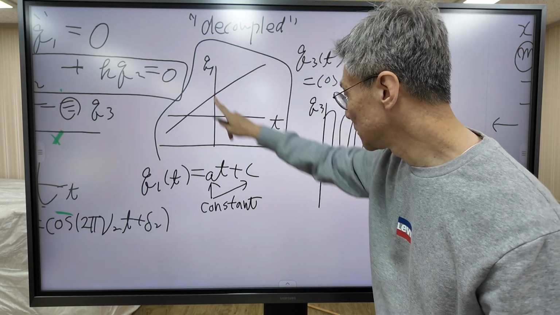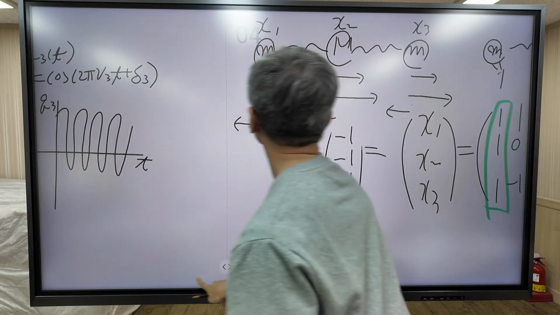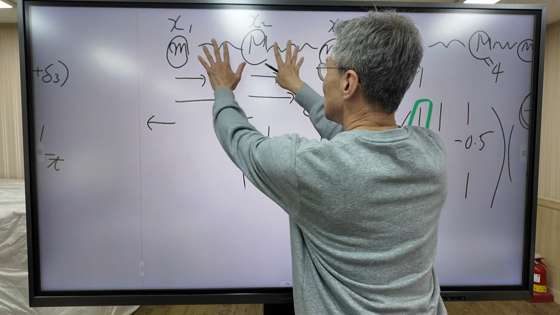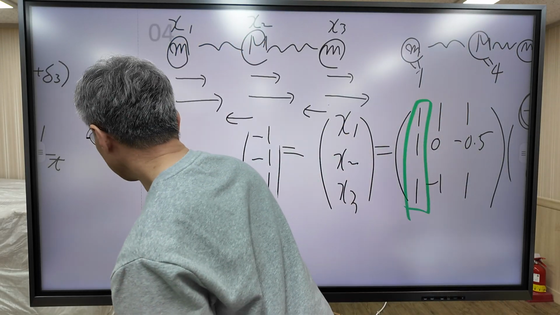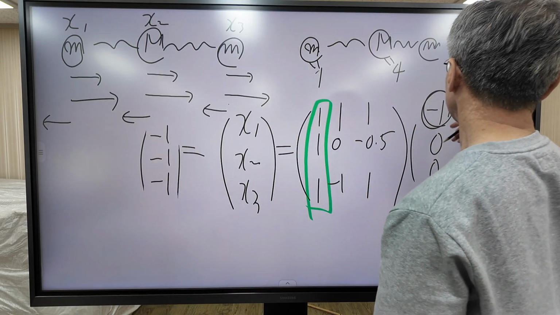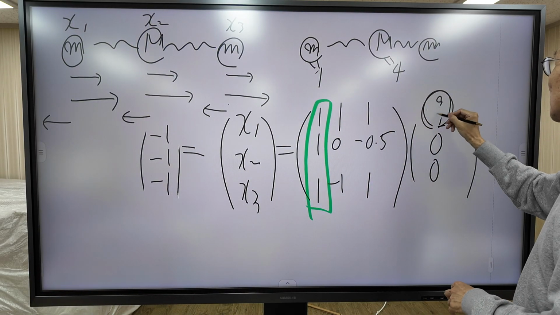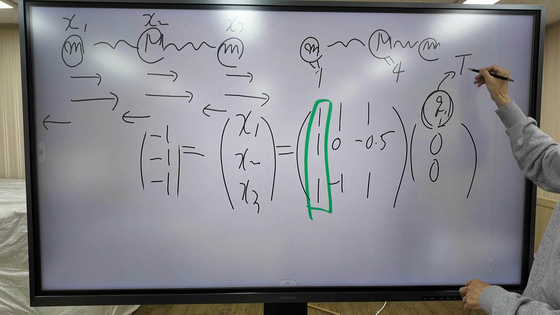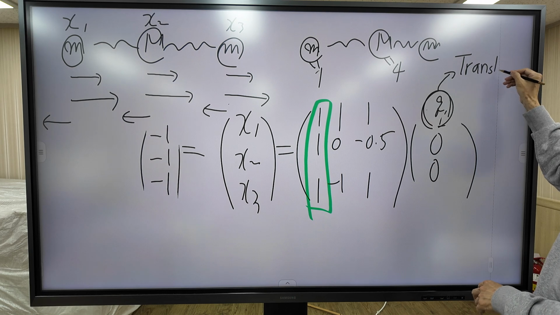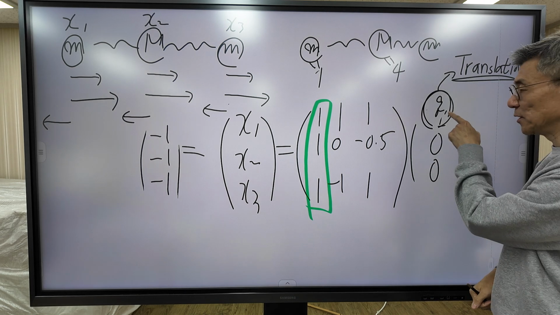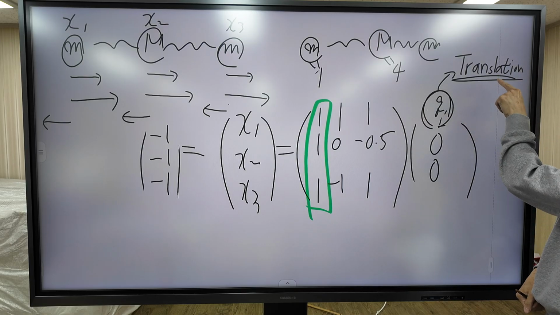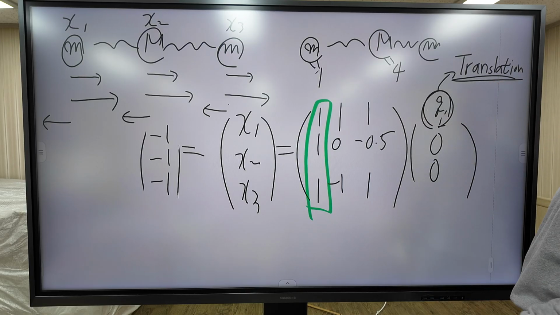So when you follow this function, these arrows move to the right, translationally, right? So this Q1 coordinate can be called translational motion. This is the physical meaning of this coordinate, called the translational mode, right?